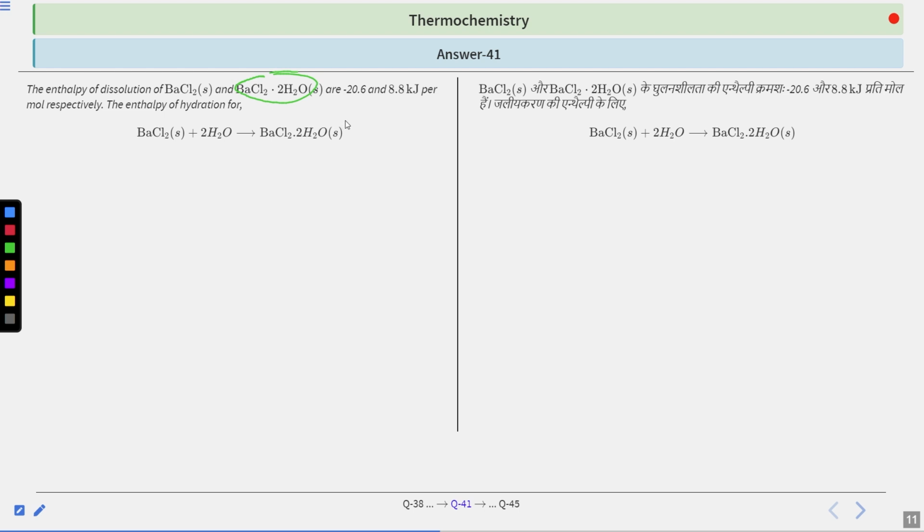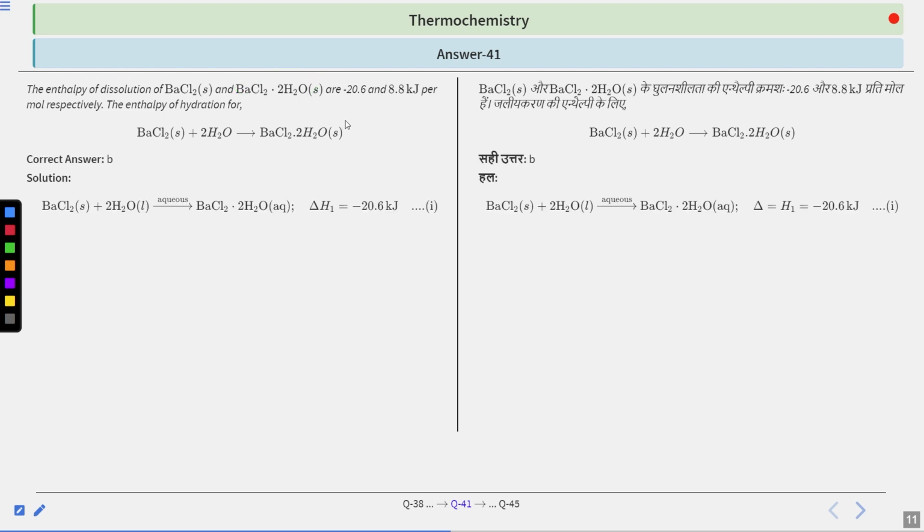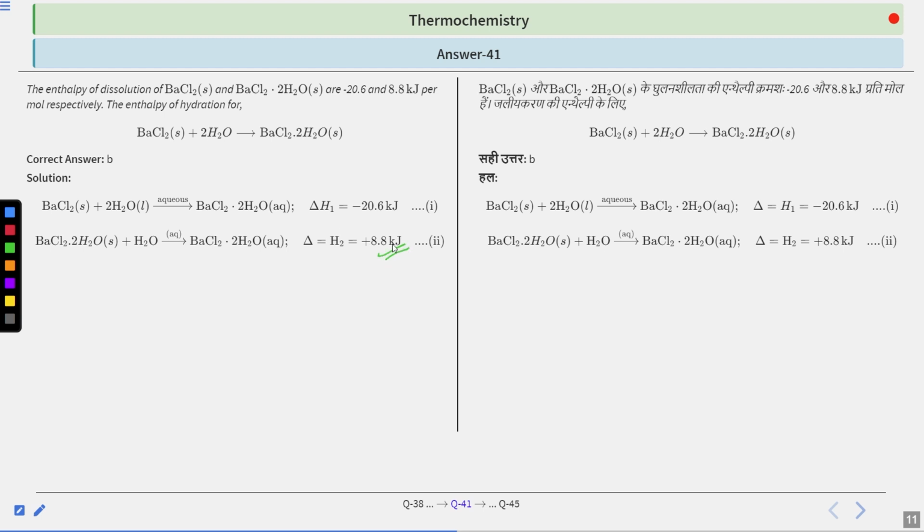So the correct answer is B. If you dissolve this BaCl2 into water, you will get BaCl2.2H2O. So the first statement is minus 20.6 kilojoule. For the second statement, we are dissolving this BaCl2 having water of crystallization into water, and in that case your delta H is already given, which is plus 8.8 kilojoule.